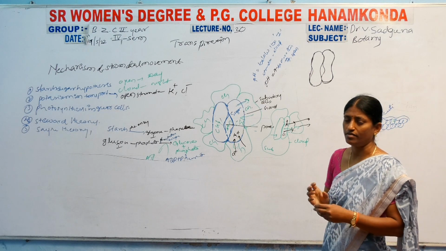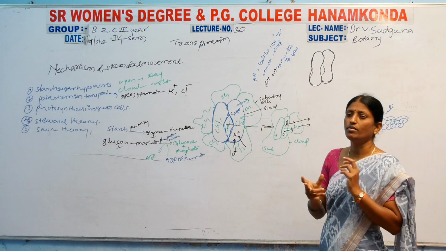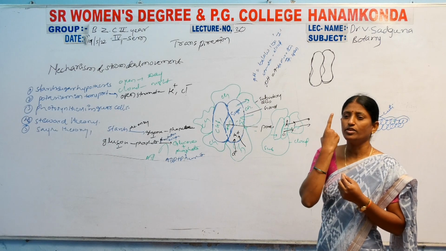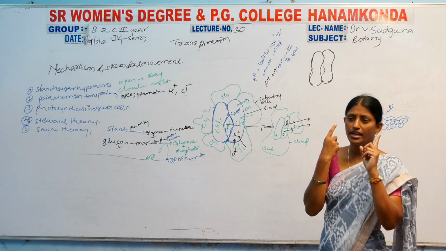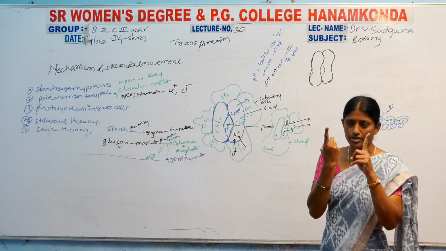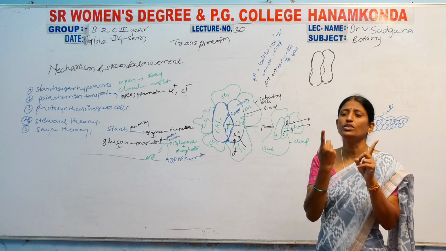When the stomata are open, from the guard cells to the subsidiary cells, the starches or sugars are involved. At the same time, the molecules of the ions, different types of positive and negative ions, are also involved.